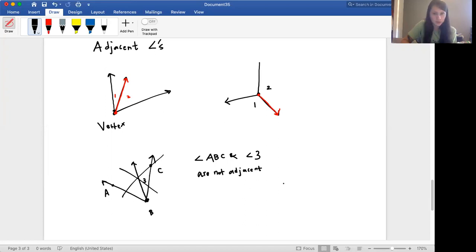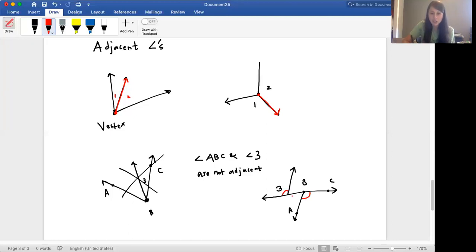Another example would be, gotta imagine this is a straight line. Got angle 3 here, and then I've got angle ABC here. So see how, if I draw actually where the angle is, angle 3, and then angle ABC, they're right here.